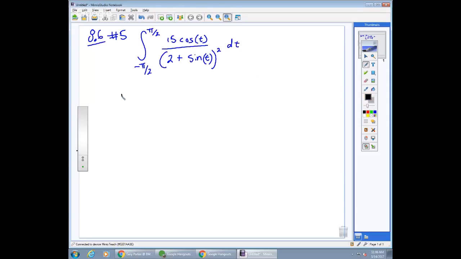So some things to consider for this interval. I'm trying to get from negative pi over 2 to pi over 2. 0 is right in the middle, and we want n to be 8. And remember, n has to be even if we're going to use Simpson's Rule, because we're pairing up intervals to put a parabola through them.